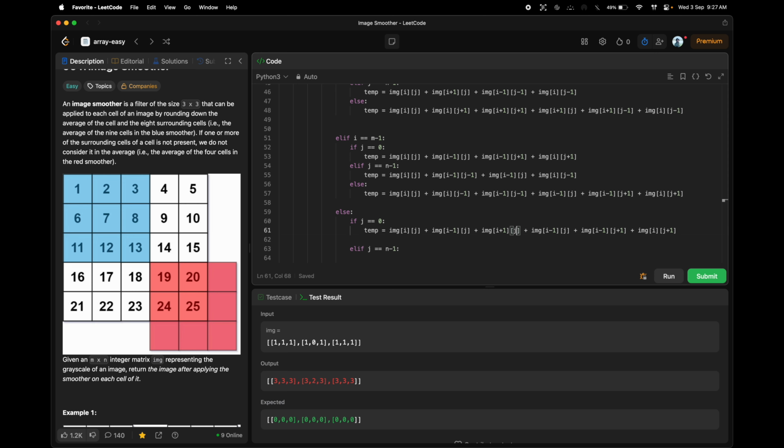Then what is this, I will remain the same. What is this? This would be, if I will remain the same, and if I do j plus 1, I will remain the same, j plus 1.